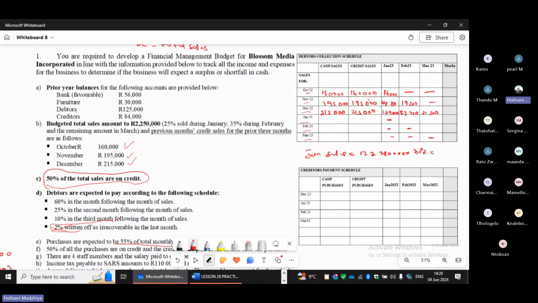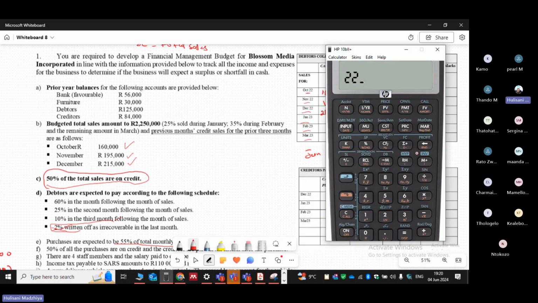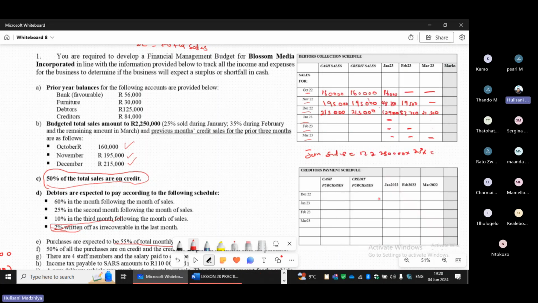This will give us the total January sales. So 2,250,000 multiplied by 25% is 562,500. So this is the total sales for January.